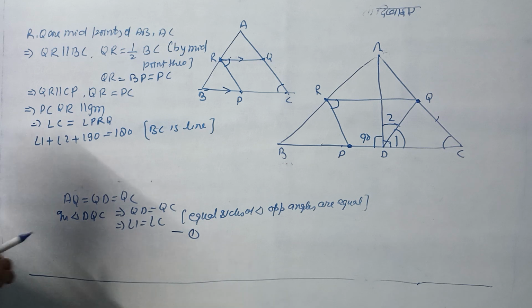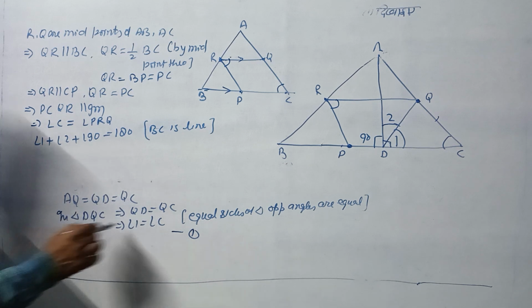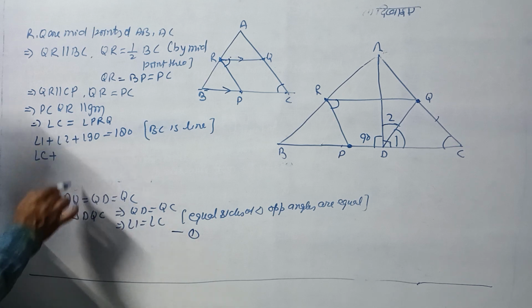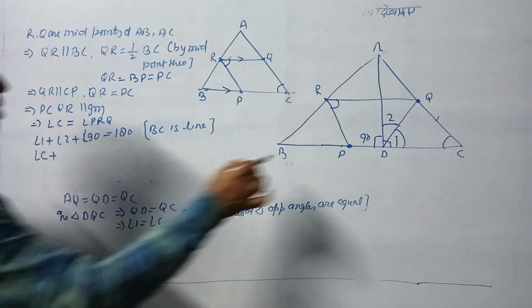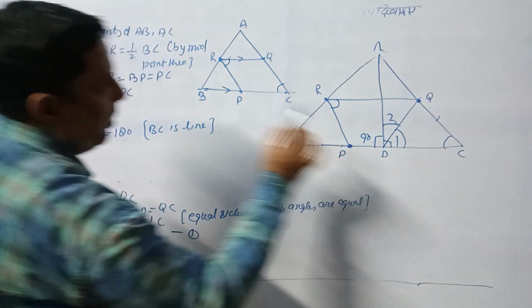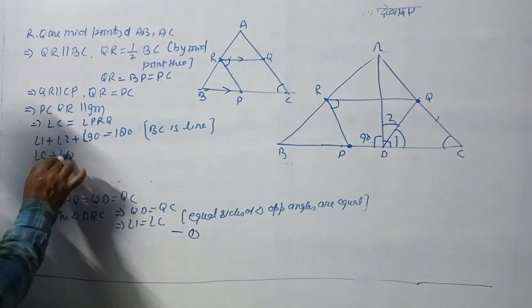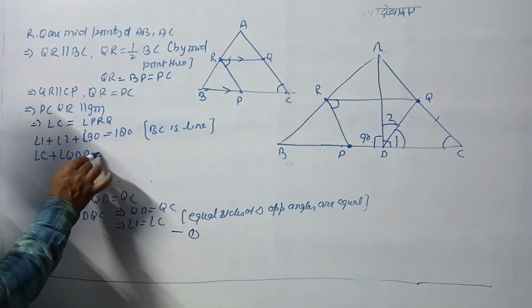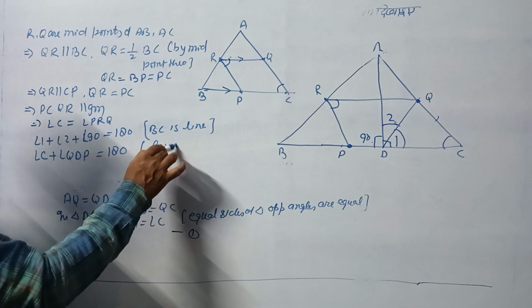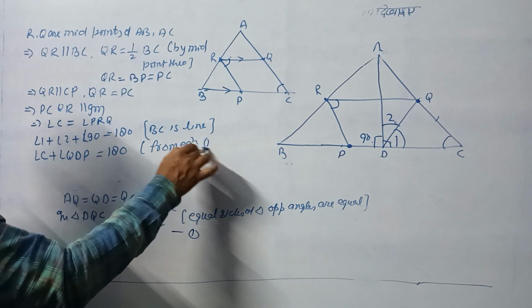Now from equation 1, angle 1 equal to angle C, at the place of 1 we can put C. Angle 2 plus 90, that is QDP, equal to 180 from equation 1.